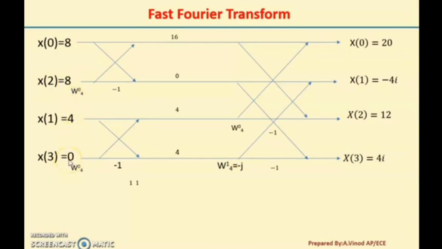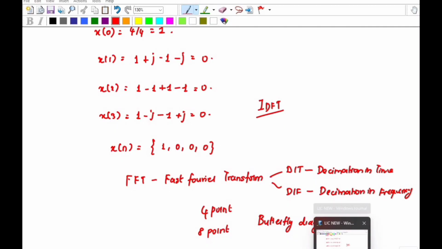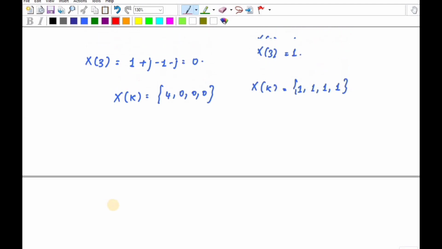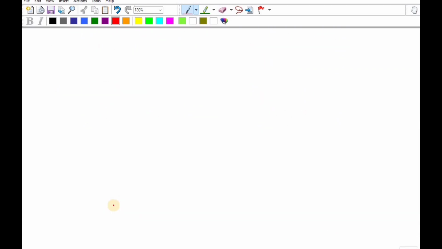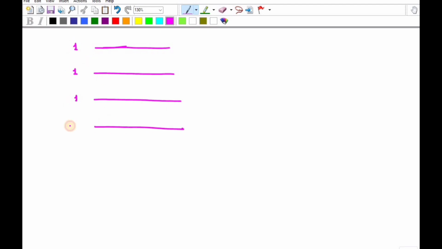Similarly, we can do it for the next sequence. First let me draw the diagram. Since all the values are 1, even if you take the bit reversal value, you will get 1. So first let me draw this one: 1, 1, 1, 1. Here it is minus 1.